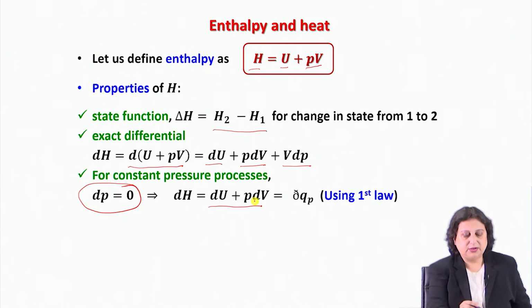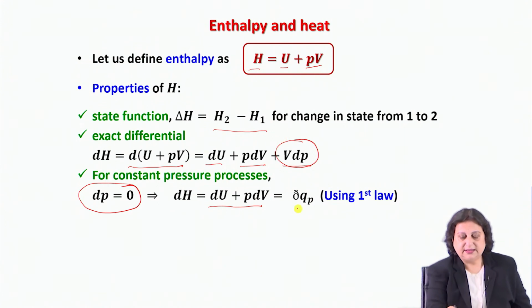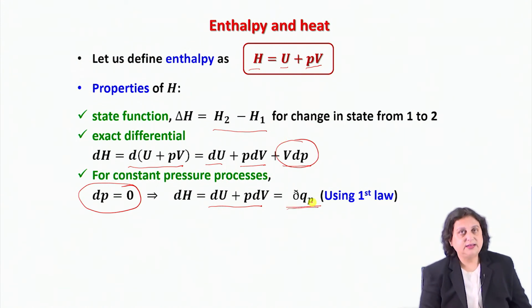That is simply because from this general expression, now V dP is 0. And now dH, by the first law of thermodynamics, is nothing but the infinitesimal amount of heat exchanged between the system and the surrounding during the constant pressure process.